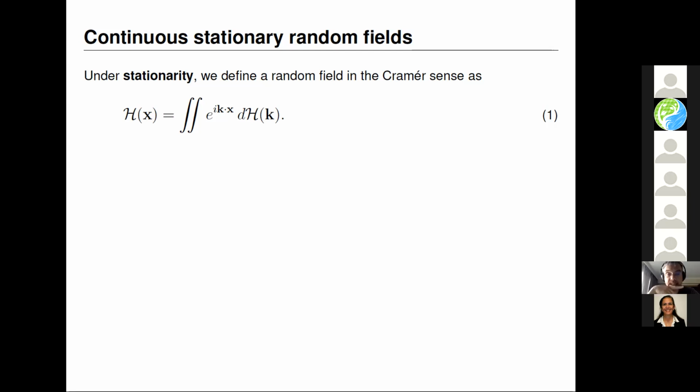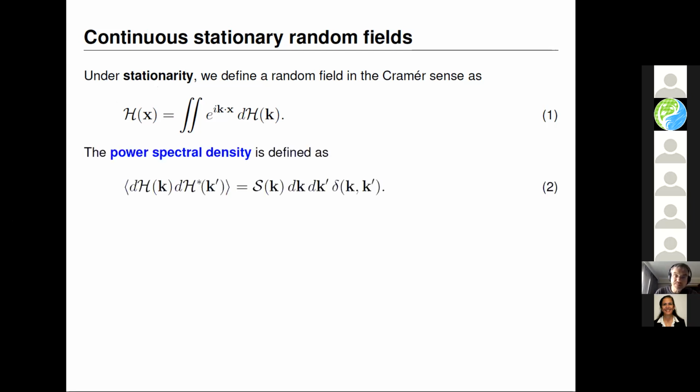So x is a spatial variable, and we're treating the field in 2 dimensions. So everything that's bold is a vector and leads to 2 integrals in 2 variables. And so there is a notion of a spectral increment process in the sense of equation 1, where h of x is this thing that we actually observe.